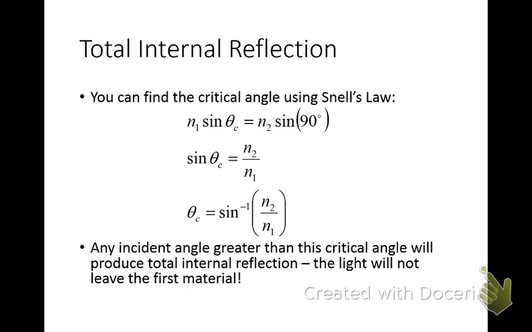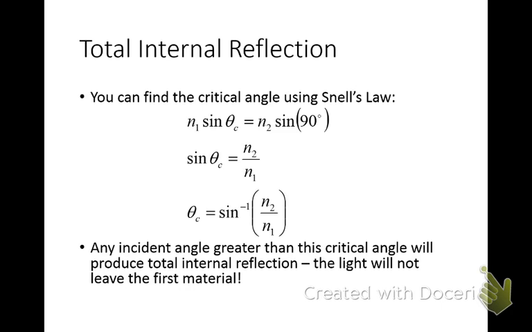You'll need to know about total internal reflection as well. This is a special case of Snell's law where you start from a higher index and are heading toward a lower index. Ordinarily, it would just refract out like normal, but if you pull theta 1 up enough, eventually you'll get theta 2 to be exactly 90 degrees, meaning that light ray is just skimming the surface and not actually leaving.